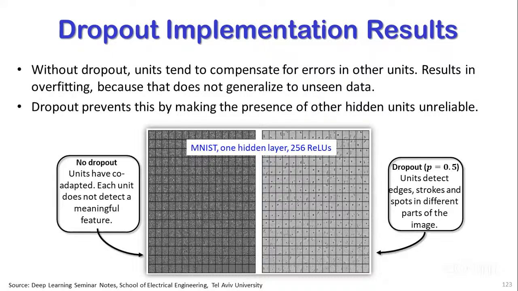Maybe for some examples this unit is doing well, and for others it is doing badly. When this unit is doing badly, the other unit compensates for it because you need to keep the loss function low. Here the probability is 50%, 0.5. So for the cases where a unit is creating a problem, we drop it. That is how it is done.